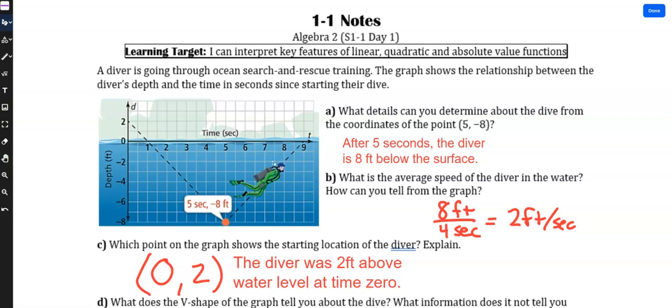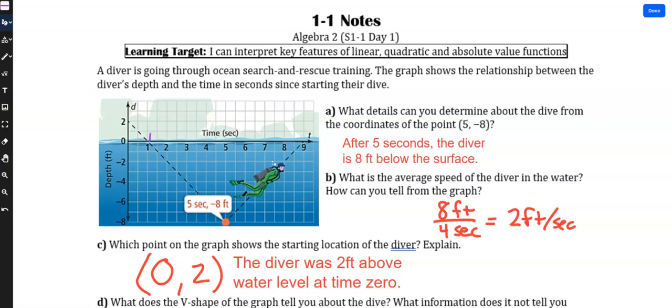When you get to the second part, it says, what's the average speed? Well, he went 8 feet in 4 seconds. Now you're saying, why 4 seconds? Well, is this part up here really important as you're diving in the water? Because you're in air. That's different.